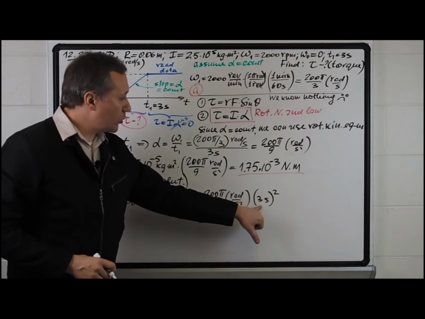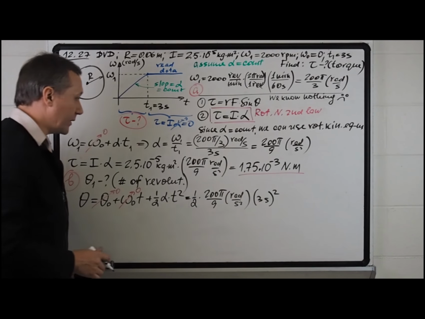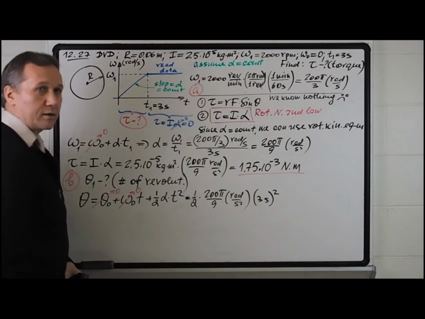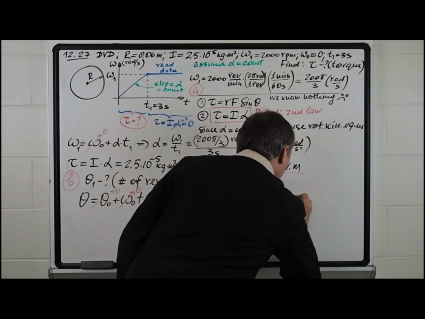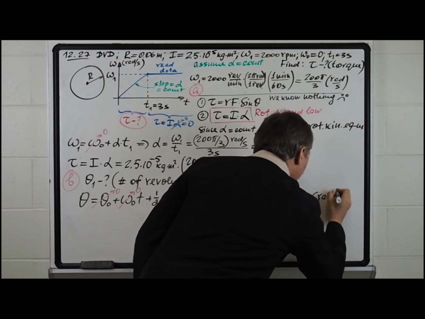Then 3 to the power of 2 is 9, and we have 9 here, so that will be cancelled. And we have 2 here and 2 there. Also, those 2 will be cancelled, and we will have only 100 pi left. So 100 pi radians. So that's the angle.